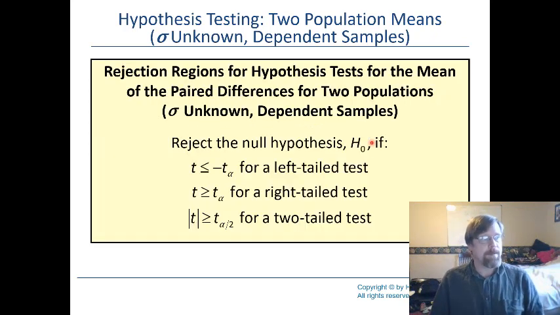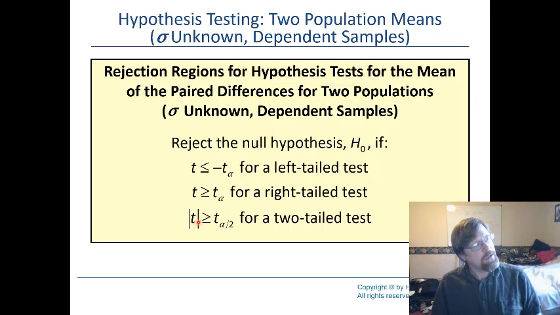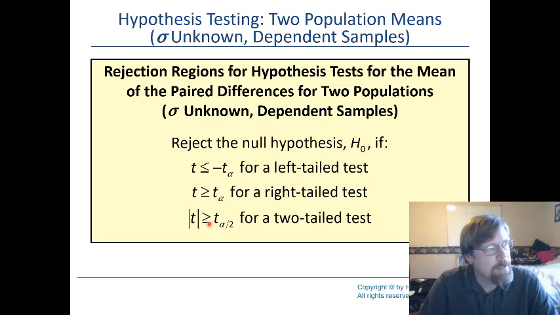And as we've seen with other things, if we've got a left-tailed test, the null hypothesis will be less than or equal to. If we've got a right-tailed test, it will be greater than or equal to. If we've got a two-tailed test, we're dealing with an absolute value greater than something.